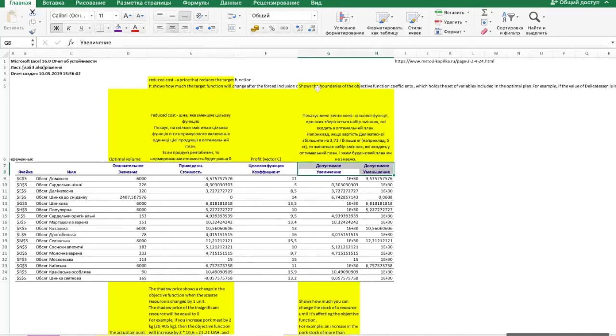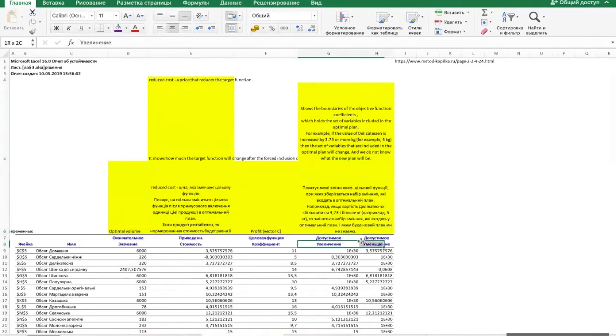What do these boundaries mean? If we make some change within these limits, it will not cause changes in our optimal plan. But if we decide to change our profits beyond these limits, it means that it will change our optimal plan.